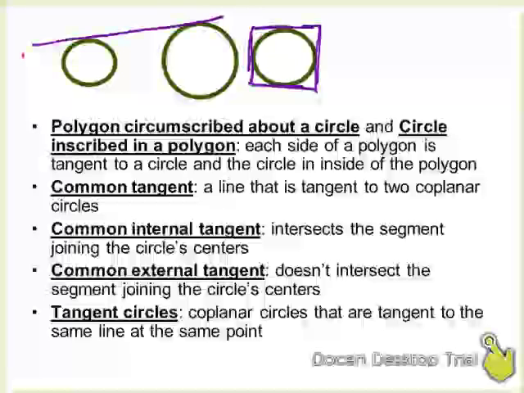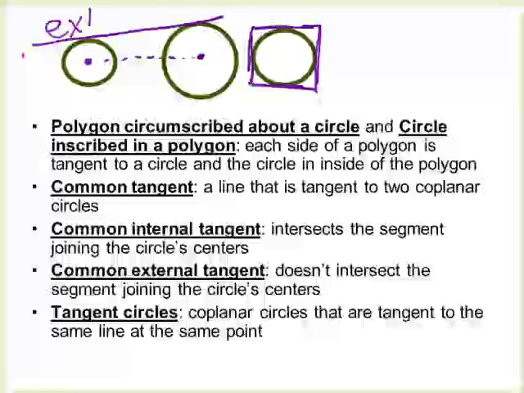A common internal tangent, it says, intersects the segment that joins the circles' centers. So if I take their centers and connect those, if that common tangent crosses that line, it's called internal. This one does not cross that line. So our next term says external, that it doesn't intersect.